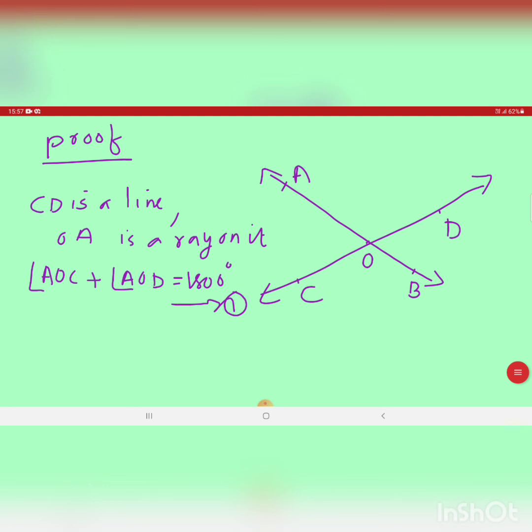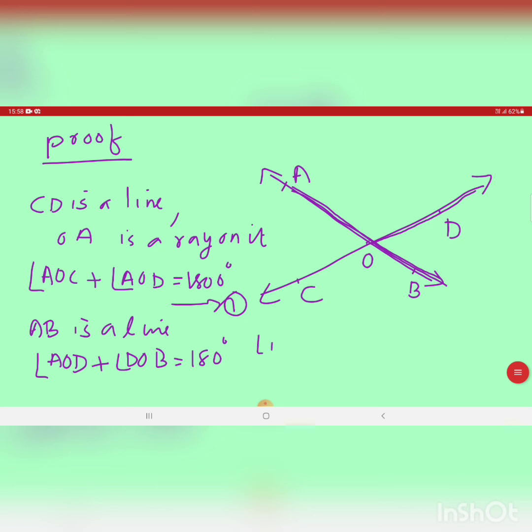Same way, AB is a line and OD is a ray on it. Then angle AOD plus angle DOB is equal to 180 degree. Reason: linear pair. Both are linear pairs. Equation 2.